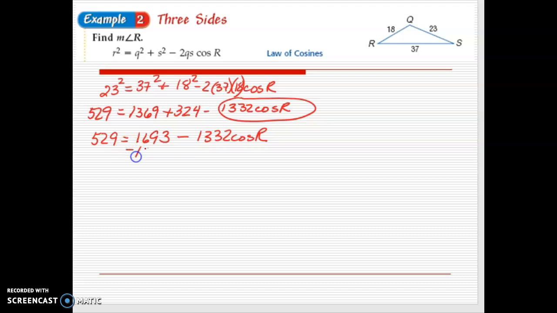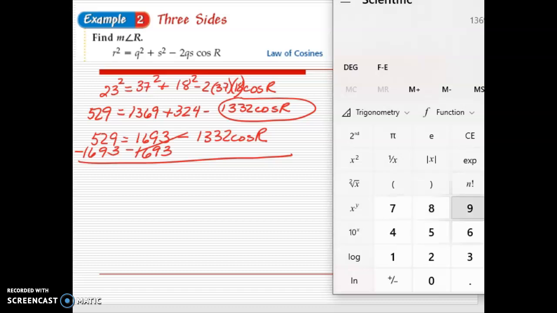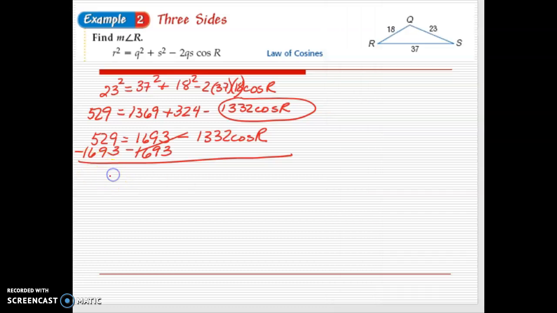So I'm going to subtract 1693 off both sides. That'll go to cancel out. 529 minus 1693 gives me negative 1164. And that equals negative 1332 cosine r. Now, this is just like having something like 2x equals 10.